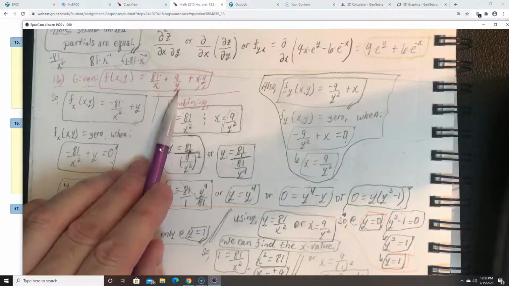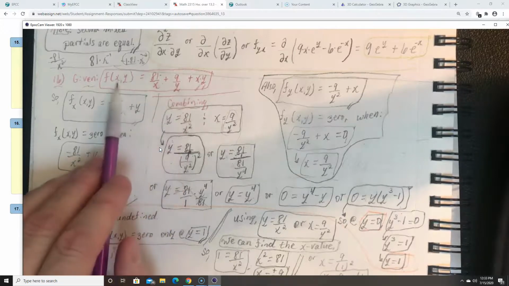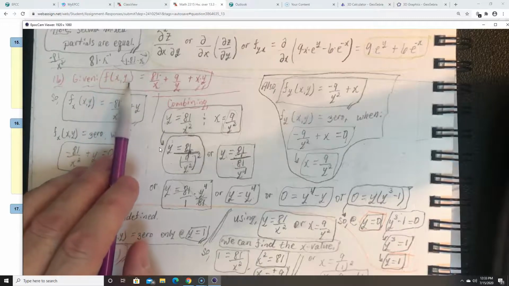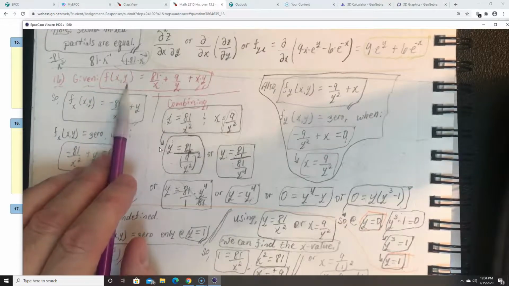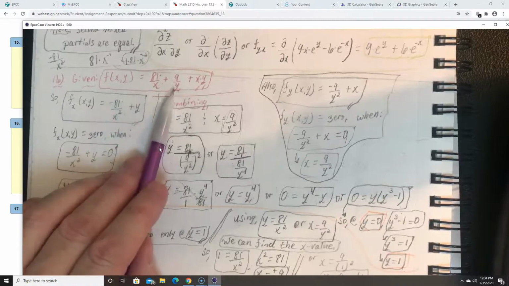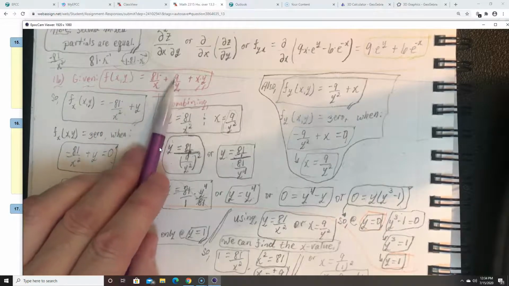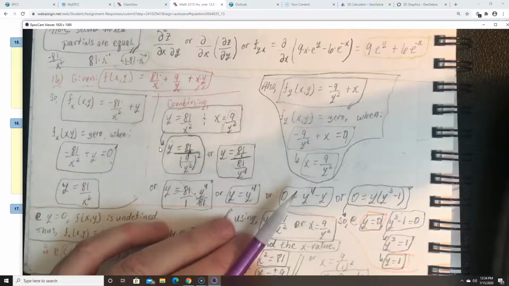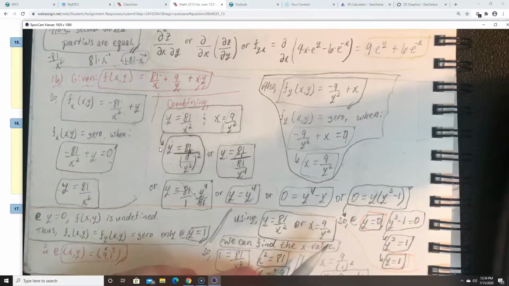That's unfortunate, because that means there's no mapping for this surface function f of xy at y equals 0, regardless of what x is. At y equals 0, you're going to have 9 over 0, which is an undefined number, which means there's no mapping. And if there's no mapping, then the derivative in the x or y direction cannot be 0, because there's no point there. And if there's no point there, then there can't be a slope value there.